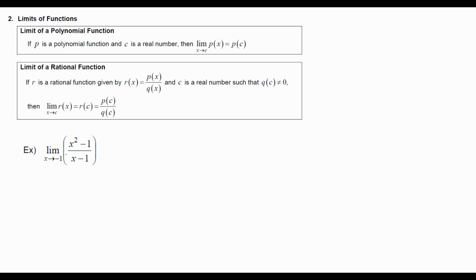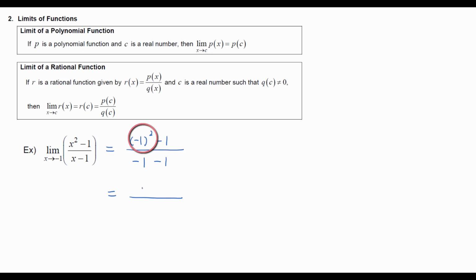For example, the limit of x squared minus 1 over x minus 1 as x approaches negative 1 is equal to, when I plug negative 1 in for x, negative 1 squared minus 1 over negative 1 minus 1. That does not make my denominator 0, since my denominator is negative 2, so it is okay, and all you have to do is evaluate this expression.